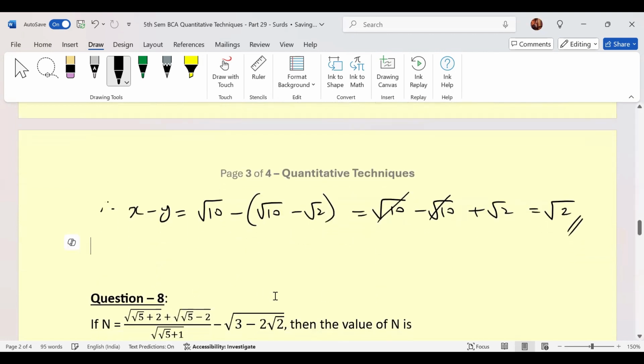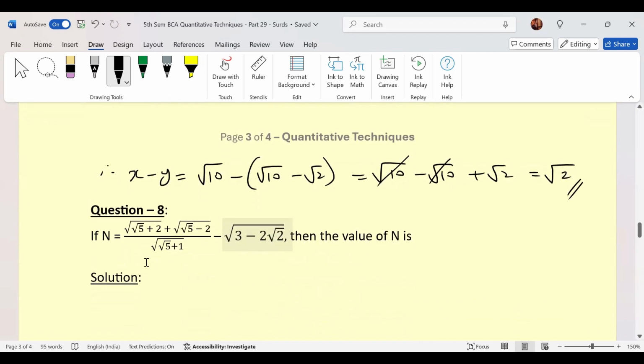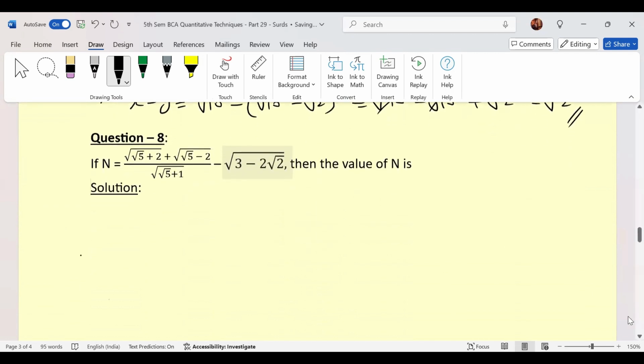Let us move on to the 8th question. If capital N equal to root of root 5 plus 2 plus root of root 5 minus 2 divided by root of root 5 plus 1 minus of root of 3 minus 2 root 2, then find the value of N. So let us consider individually.